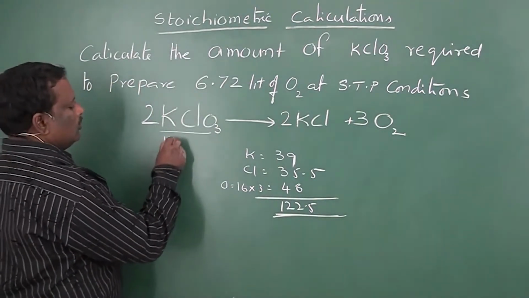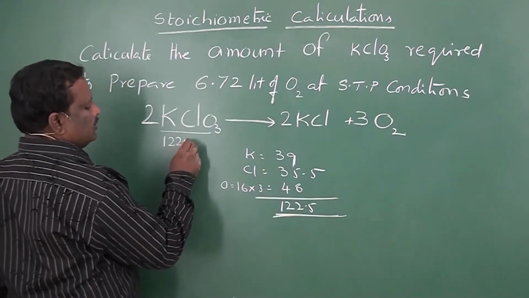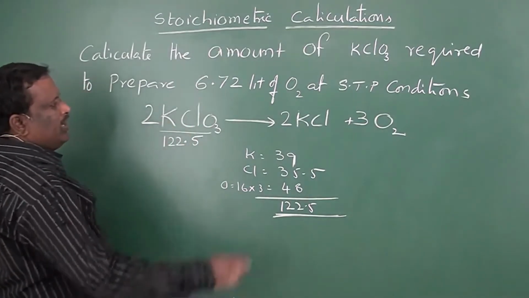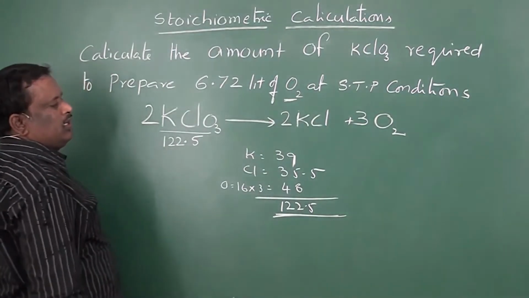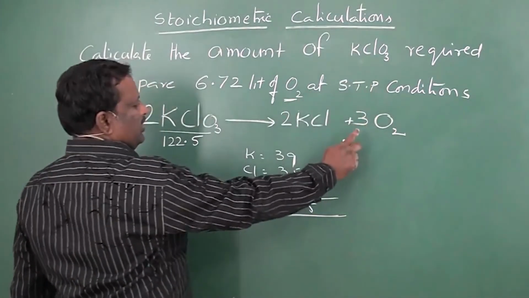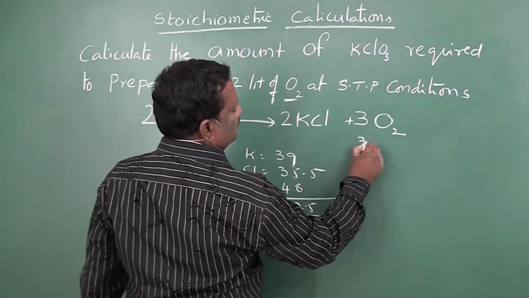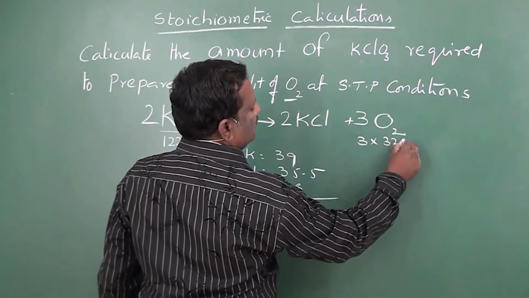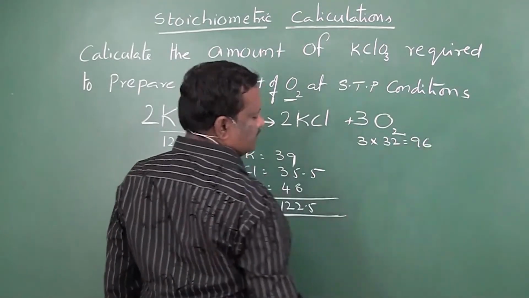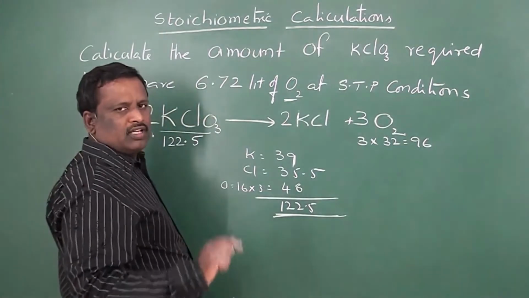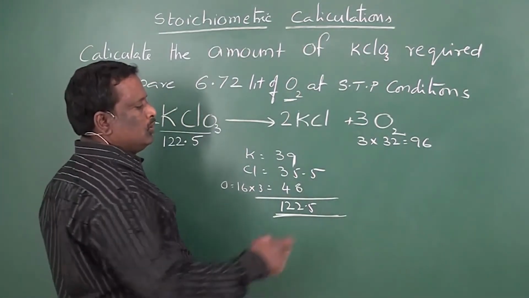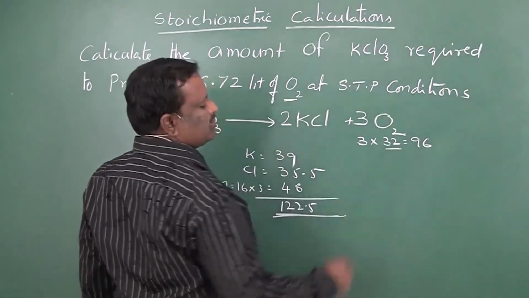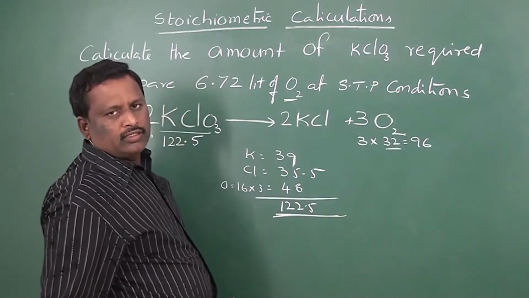So 122.5. Now they are asking the volume of oxygen from KClO3. Now here 3 into 32, that is 96, is the total mass of oxygen. If you want to know the volume, 32 grams of oxygen will occupy 22.4 liters.